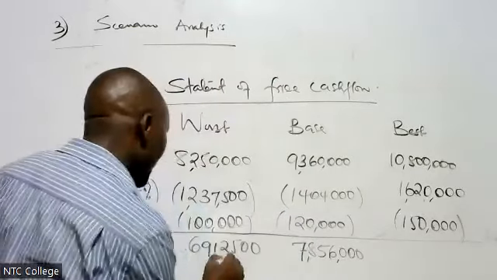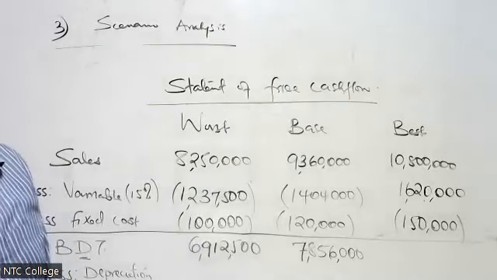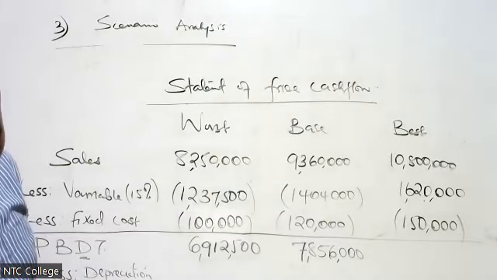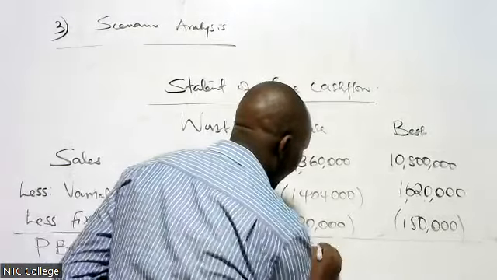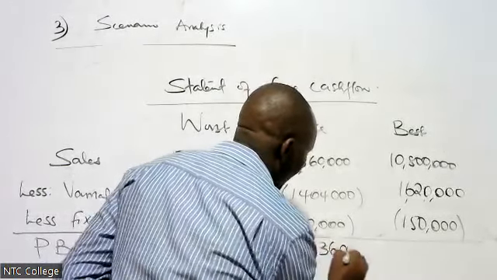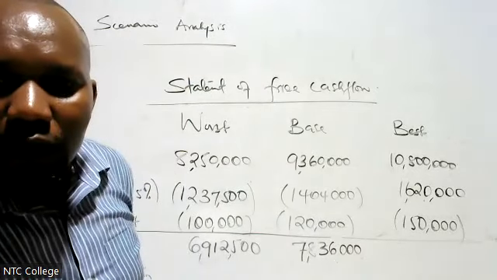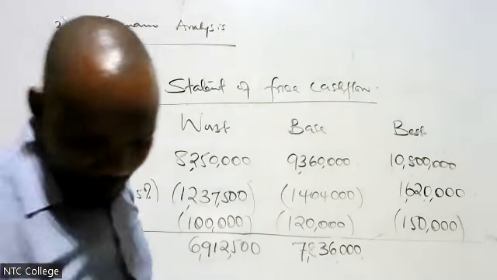And then we have the next one, this is 78,36 or 56? 78,36, eh? Okay. 78,36,000. And then we have the last one, 9,080,000.